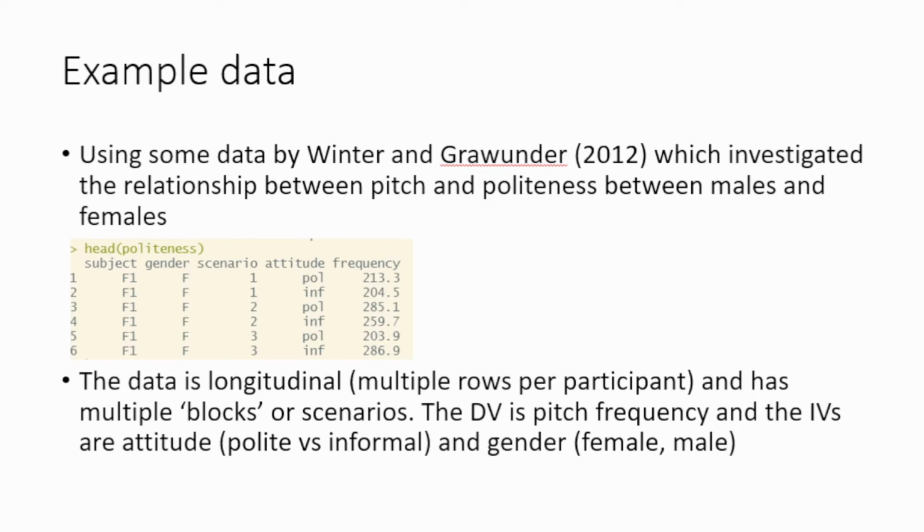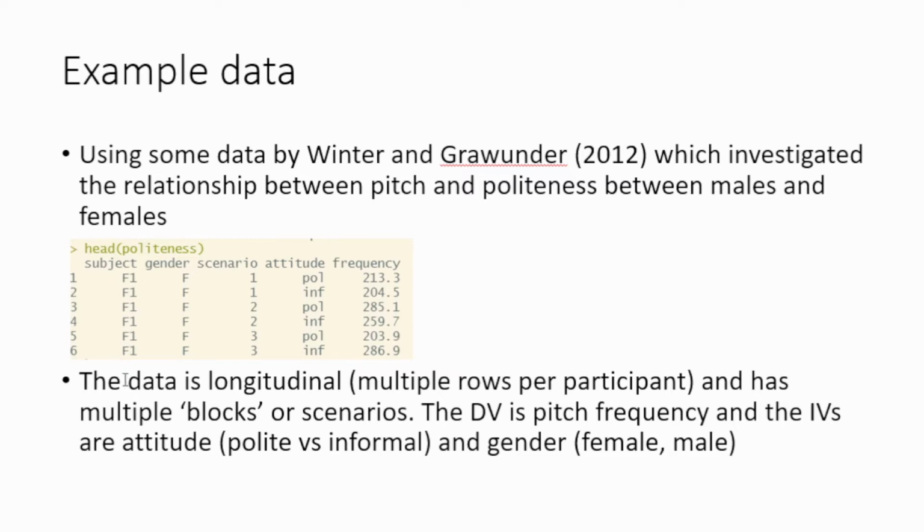So using some data by Winter and Grawunder in 2012, which investigates the relationship between pitch and politeness between males and females, we can see over here that we have a subject F1, so there's multiple rows of data for each subject.